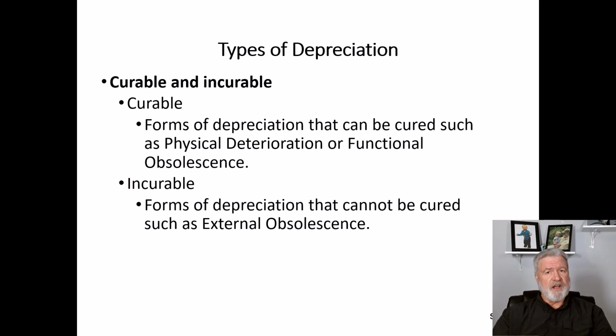But if you've got an external obsolescence, y'all, that's typically just out of your control. There's nothing you can do about it. And if you're the buyer and you buy that property, you're stuck with it. And I'm telling you, this happens all the time, where buyers will buy property because they love the house, for example, maybe the yard perhaps.